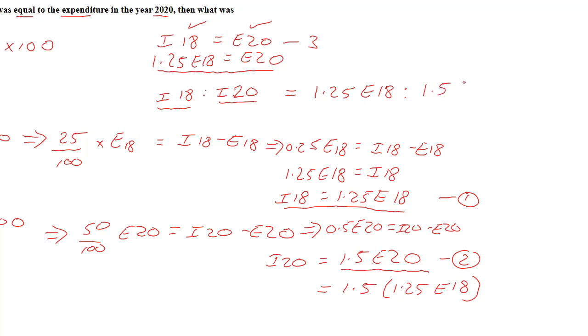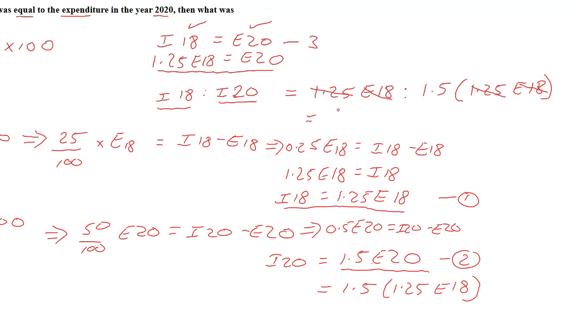So 1.5 times 1.25 E18. And now we can do some cutting. 1.25 gone, 1.25 gone, E18 gone, E18 gone.